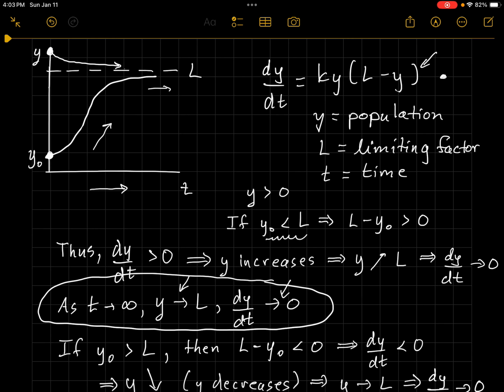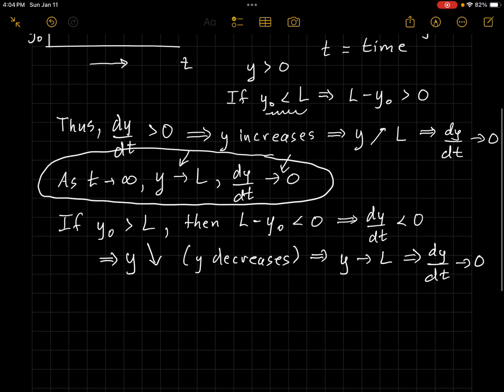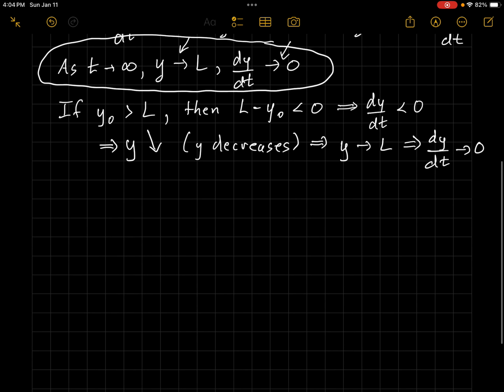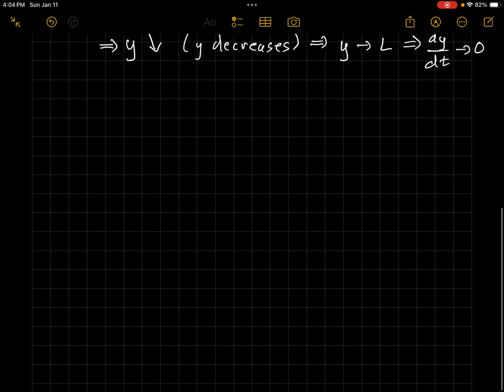If we start with initial population greater than the limiting factor, we simply get the graph on top. Now there's one other really typical question that we like to ask, which we'll analyze in the next video.